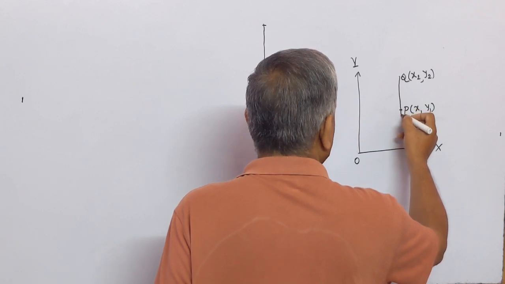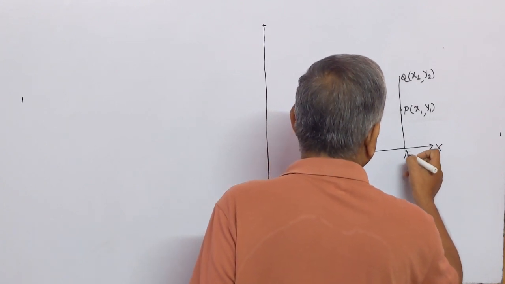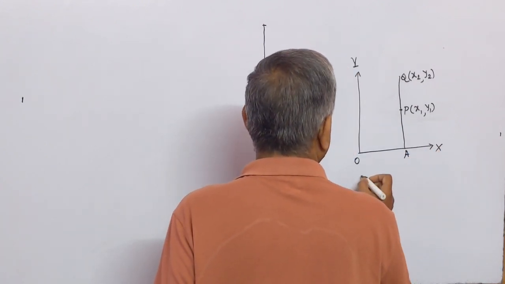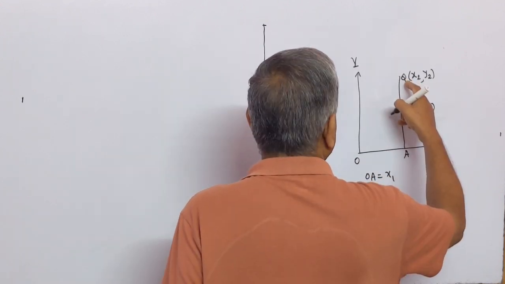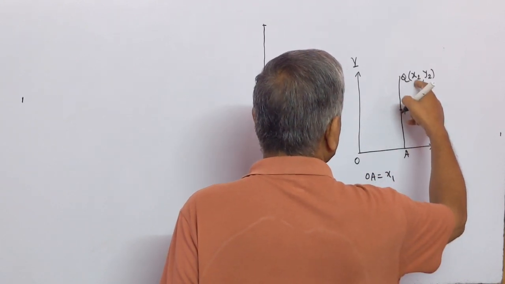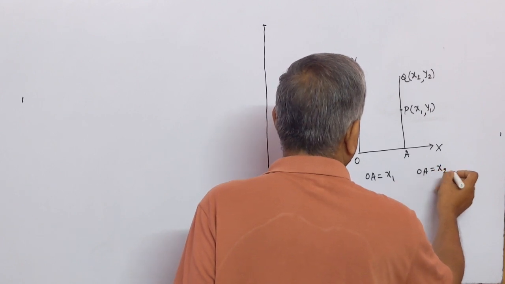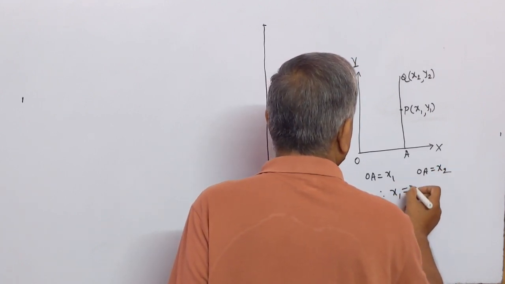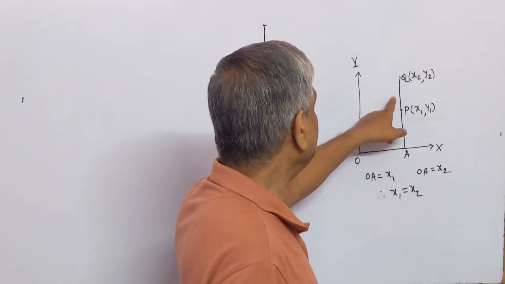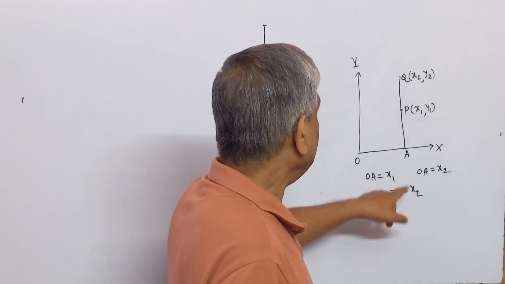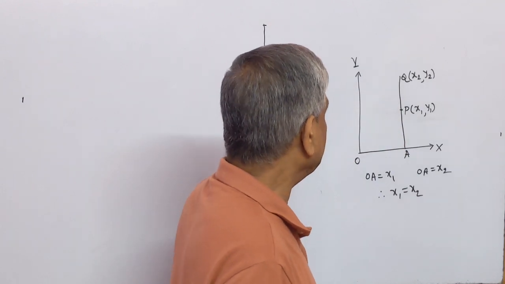Perpendicular from P to x-axis be PA, and OA equal to x1 and also OA equal to x2. Therefore, x1 equal to x2. Therefore, a straight line parallel to y-axis has x coordinates same in any points on the straight line.